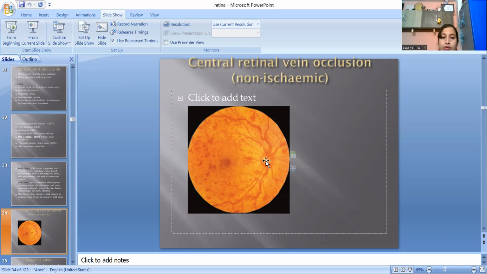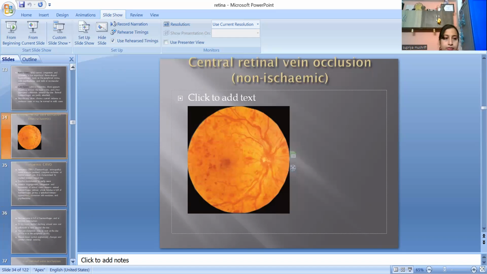Whereas in ischemic CRVO, RAPD will be present and visual loss will be gross. In non-ischemic CRVO, pupillary reaction will be normal and macular edema will also be less than ischemic CRVO. Hence, CRVO of non-ischemic type has a better prognosis.